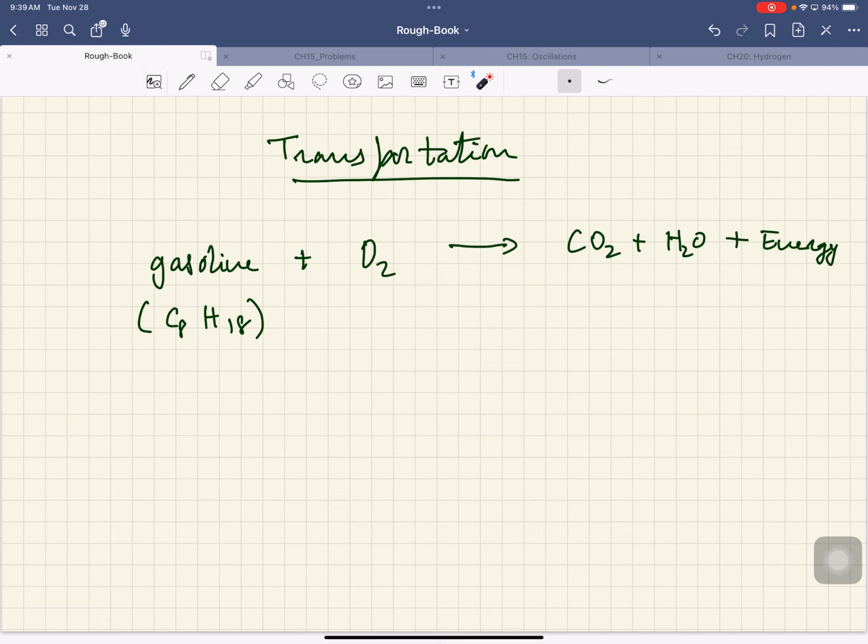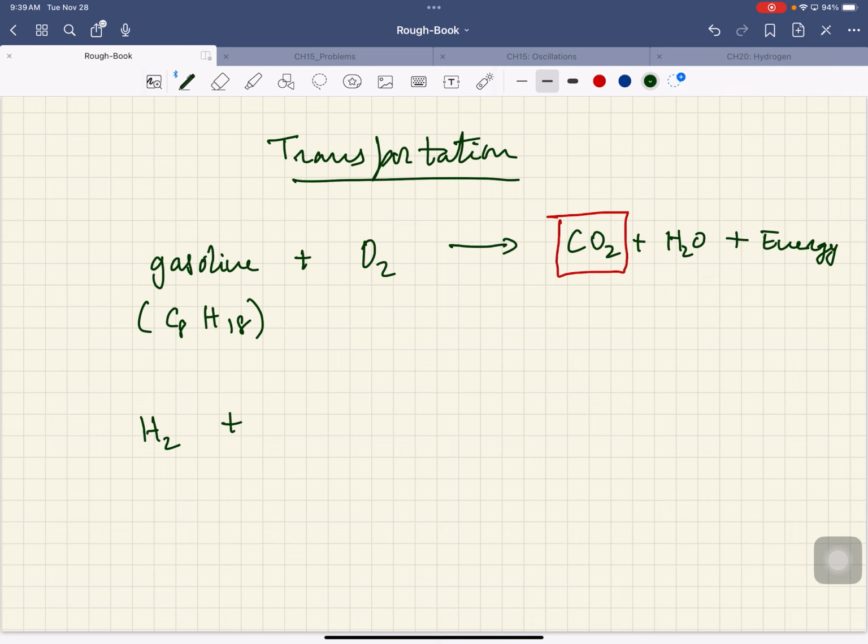What is the problem with this? CO2. We've been talking about this all semester, and this is the problem. So now let's burn hydrogen.